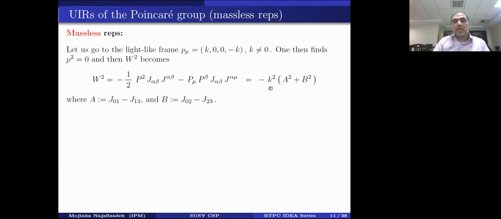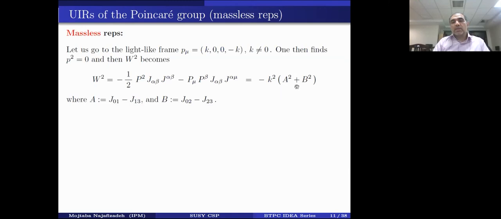I wrote this intentionally in this form to compare with Weinberg's quantum field theory books. Indeed, this is a boost in direction X. This is a rotation in Y direction. And also this is the boost and rotation.